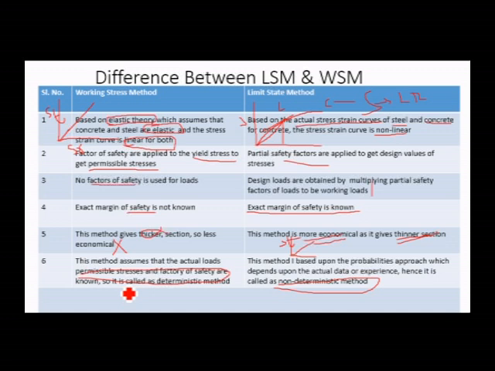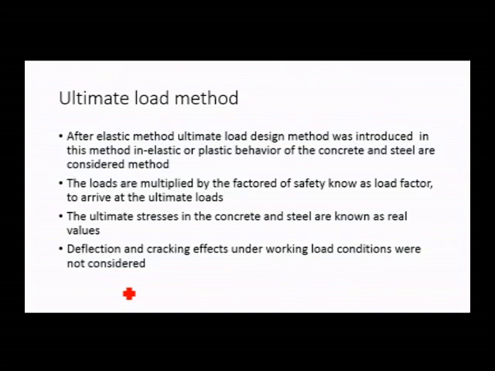Limit state method is incorporated in most of the national codes of various countries, American, European and Asian countries. Coming to the ultimate load method, after the elastic method, the ultimate load design method was introduced.